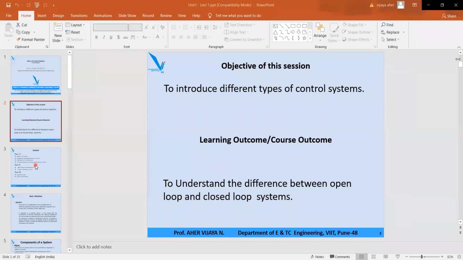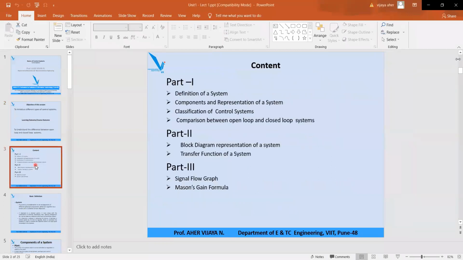So keeping that in mind, let us start with Unit 1. Content for Unit 1, Part 1: definition of system, components and representation of a system, then classification of control systems, then comparison between open loop and closed loop system. Then Part 2: block diagram representation of a system, then transfer function of the control system under consideration.